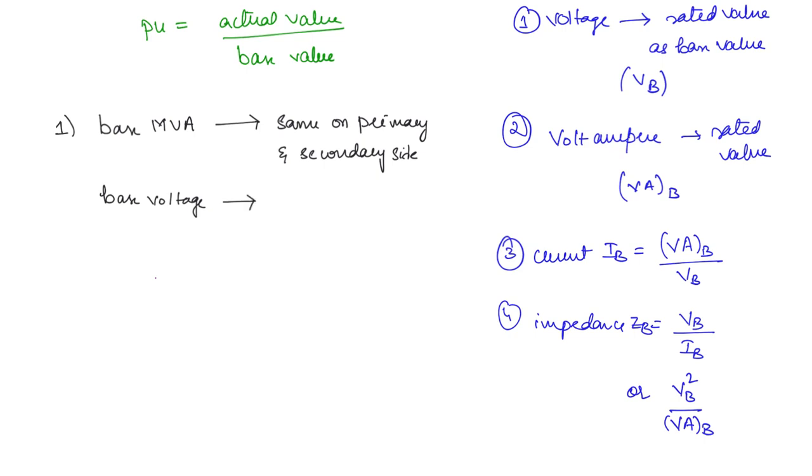For primary side, the primary side rated voltage is going to be base voltage, and on the secondary side, the secondary rated value is going to be the base voltage. And accordingly the base values of current and impedance are also going to change. And the second point is the per unit impedance, it is going to be same whether it is referred to the primary or secondary side.